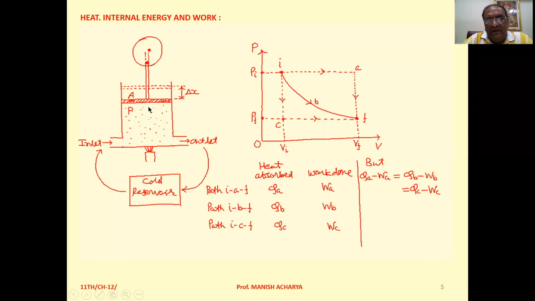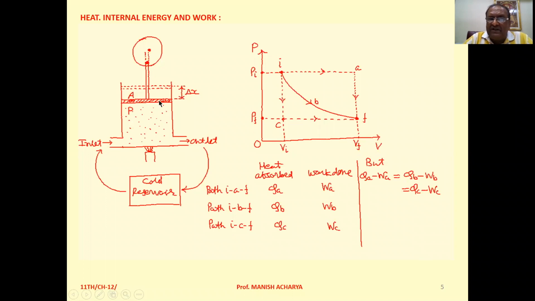So here on the piston, some force will be exerted in the upward direction. Suppose the area of the piston is A and the pressure on it is P, then the force acting on the piston is pressure into area.